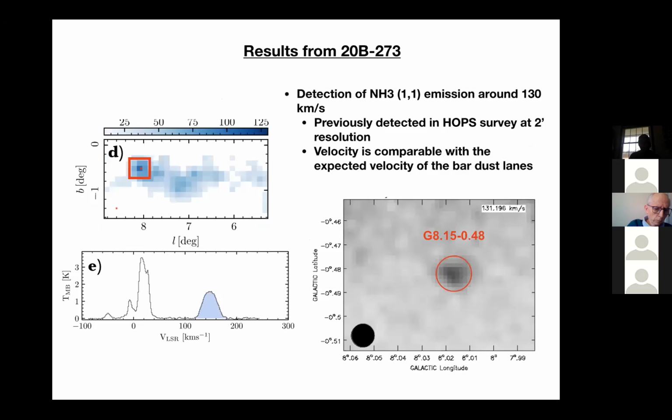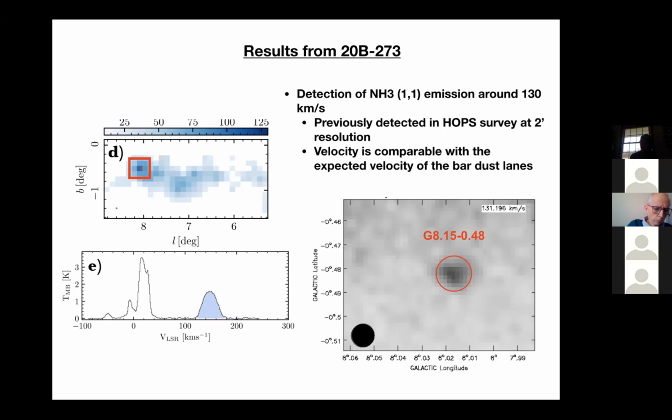Okay, so just some initial results from the 20B-273 study of gas that is towards the edge of the galactic bar dust lanes. So we also detect ammonia at this position in the galactic bar. The velocities of these gas clumps are around 130 kilometers per second, which again is consistent with what we would expect for gas that would be associated with the galactic bar dust lanes.